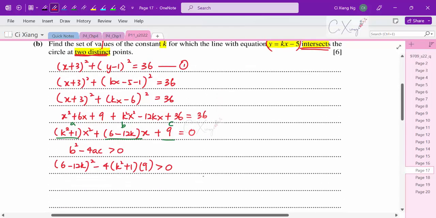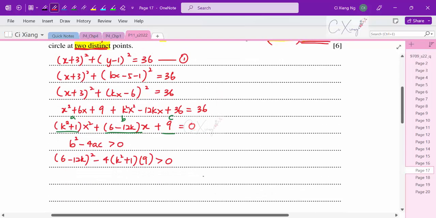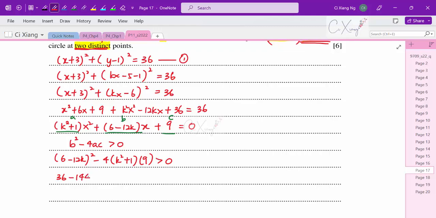Again, I will expand everything and rephrase it into a quadratic form. Expand the first bracket here, I'm having 36 minus 144k plus 144k squared. Then for the term at the back, when I expand it, I should have negative 36k squared, then minus 36, and greater than 0.